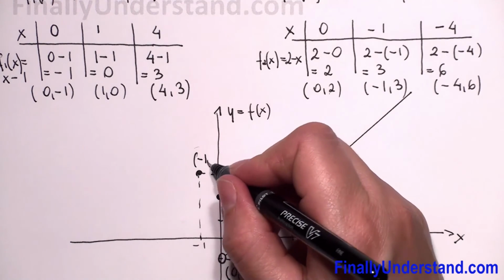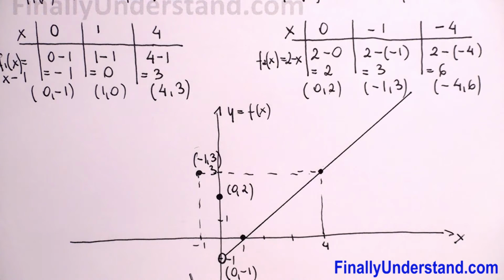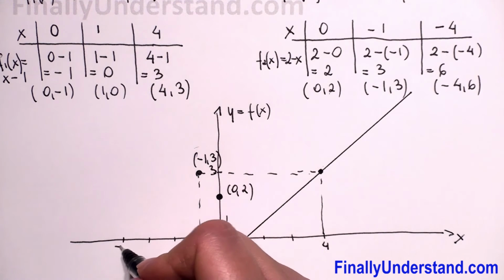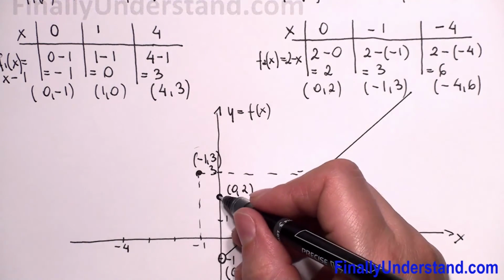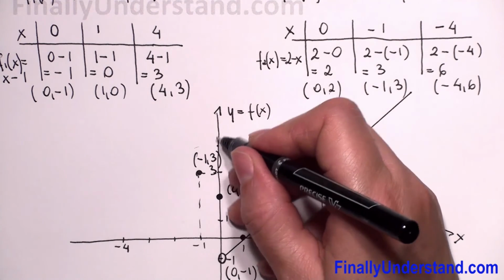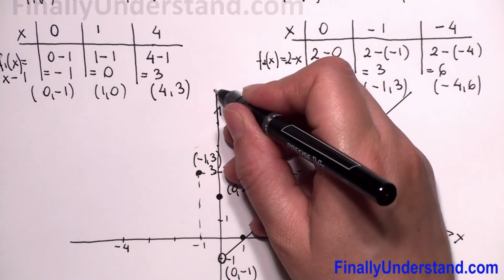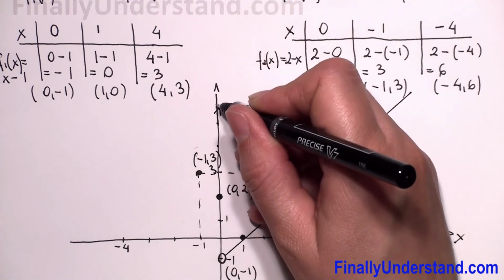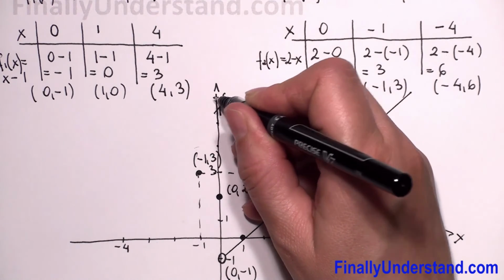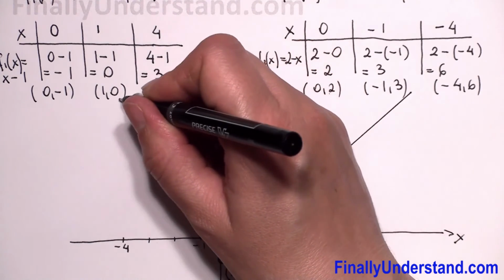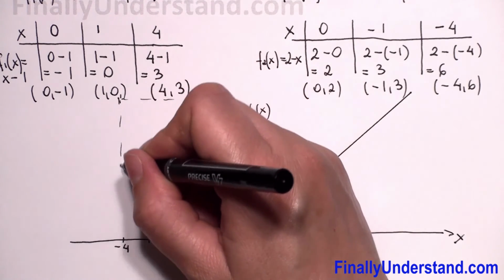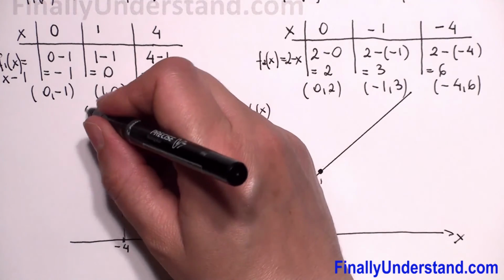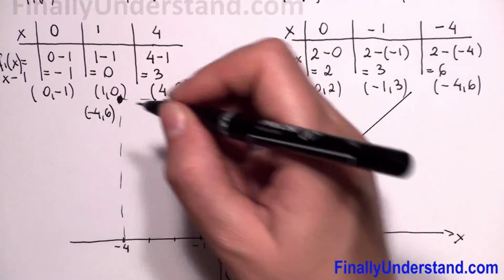And third point is negative 4, 6. Let me connect this. This is our third point, negative 4, 6.